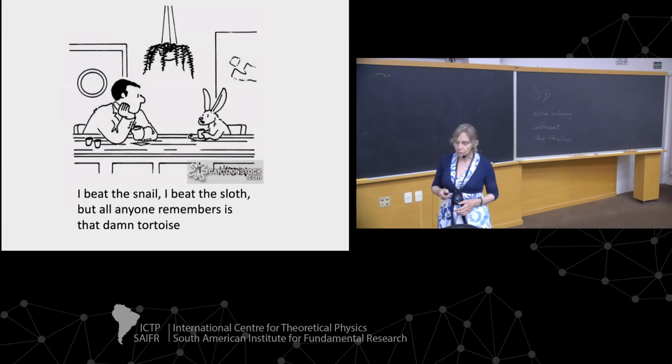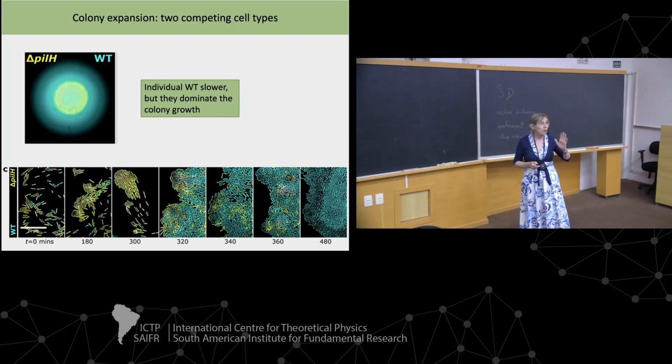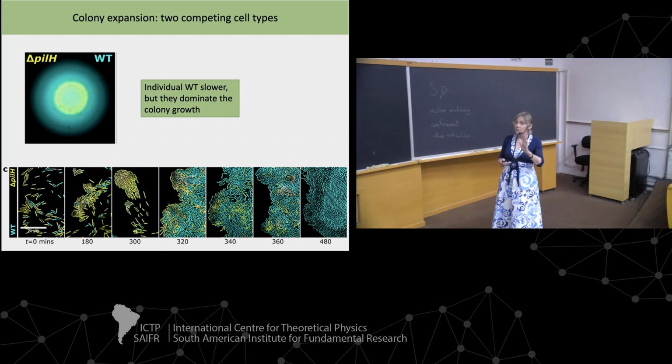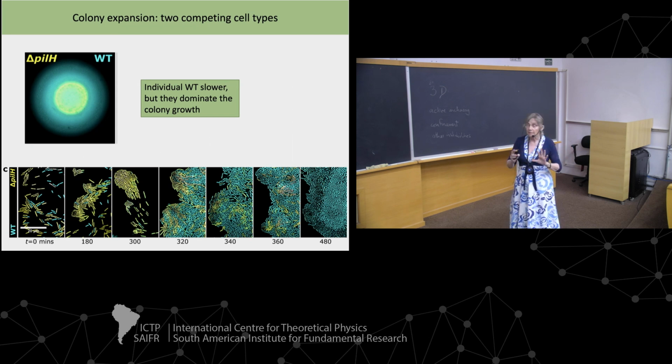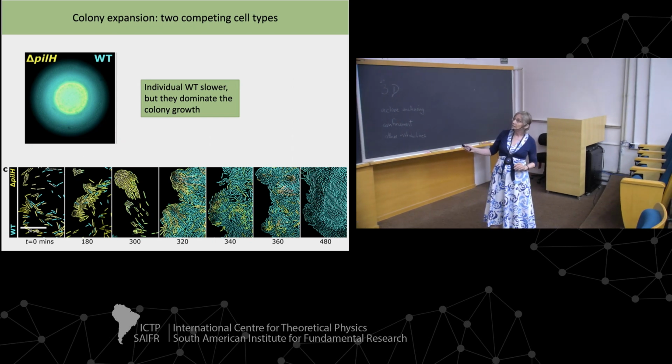So let's look at the front of the colony. This is the front now of a mixed colony. So we've mixed together the fast bacteria and the slow bacteria. At the front of the colony, you just see the most energetic ones getting there. But then at later times, we can look and see what happens at the front of the colony.